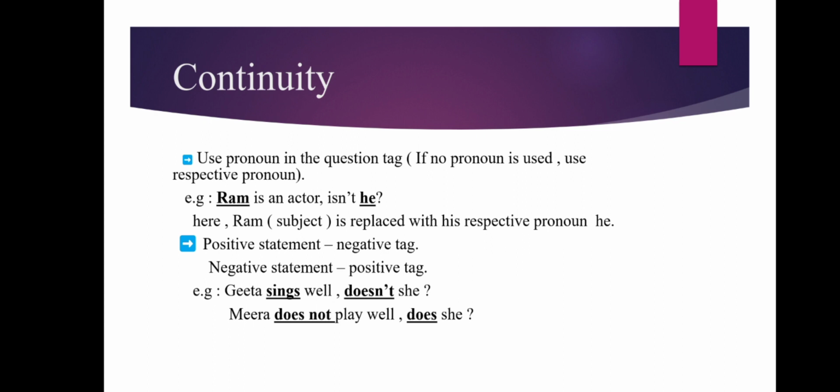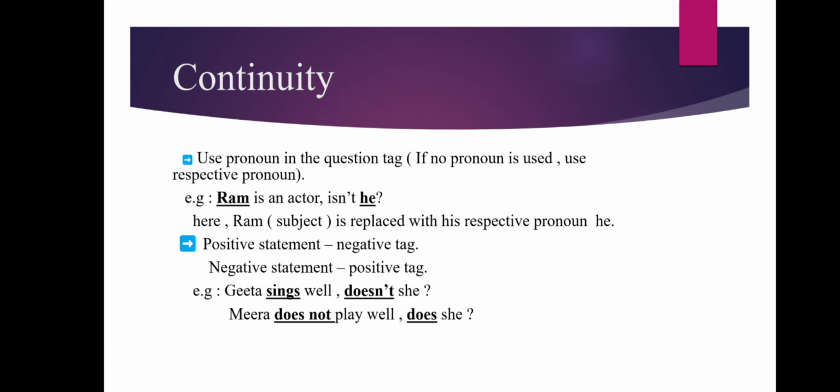Third rule, a very important and basic rule: if the statement is positive, you frame the question tag in the negative. If the statement is negative, you frame the question tag in the positive way. I have given you examples. Geeta sings well.